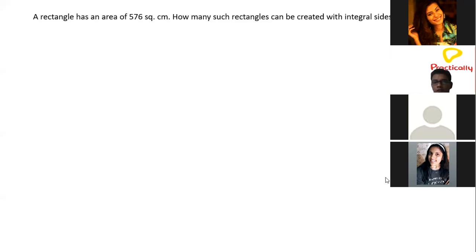The question is on your screen right now. There's a rectangle which has an area of 576 square centimeters. How many such rectangles can be created with integral sides? Can you try solving this and putting your answer options in the chat box?